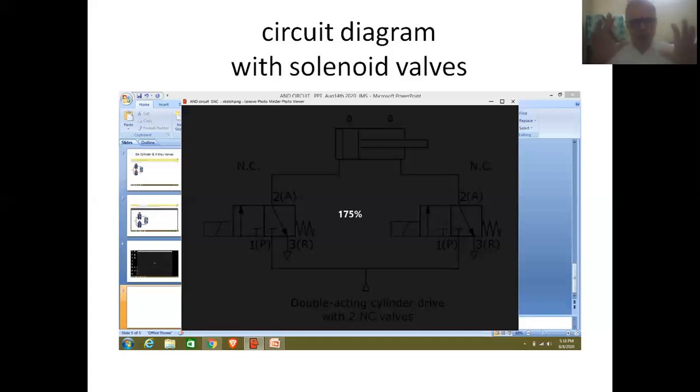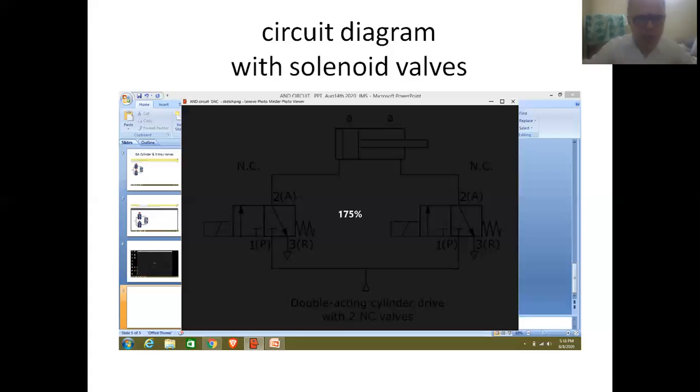Now coming to the circuit operation, it is divided into two phases. So in the first phase of operation, the first valve will be kept in first position, and the second valve will be kept in second position.